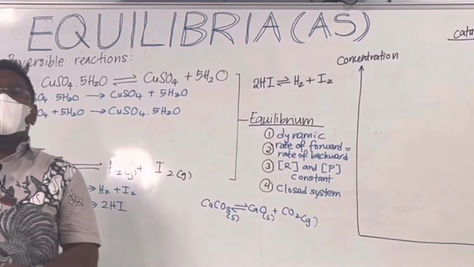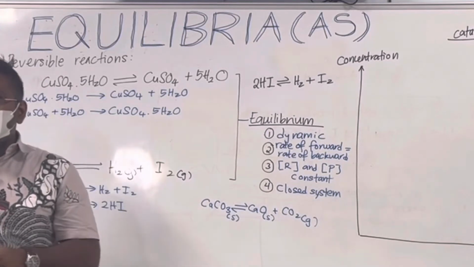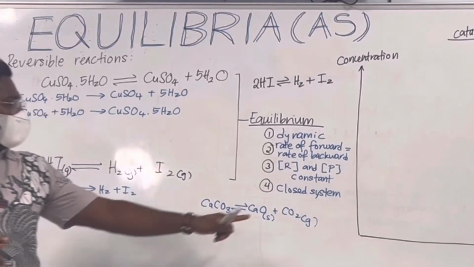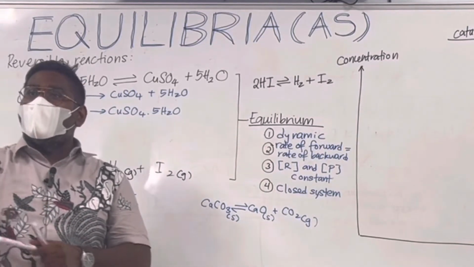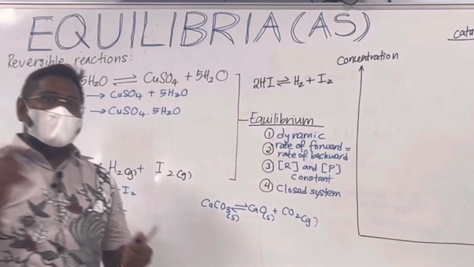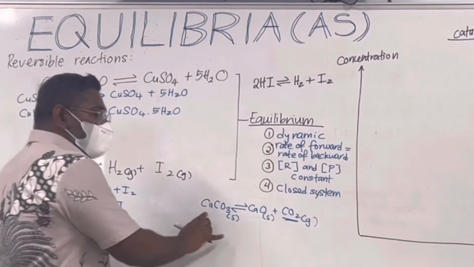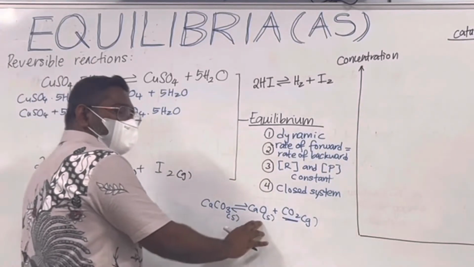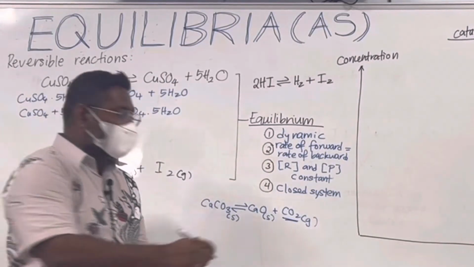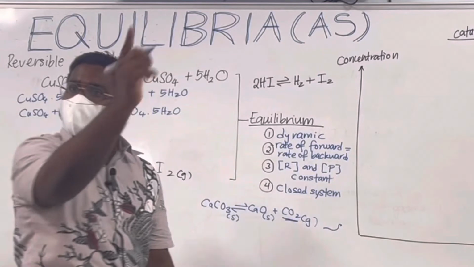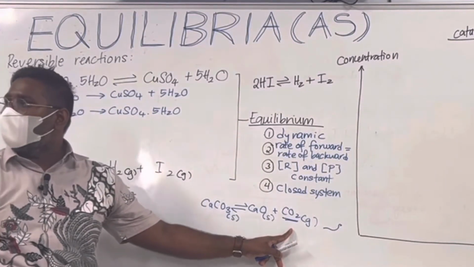But when you put it in an open system, the solid cannot go out, but the carbon dioxide, as it is produced, can go out as a gas. So when it keeps going out as a gas, what happens? Forward reaction, calcium carbonate gives you calcium oxide and carbon dioxide. The moment carbon dioxide is produced, it goes out. You remove it. Now, can the backward reaction happen as you are removing carbon dioxide?